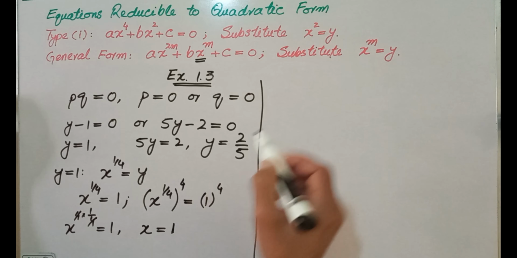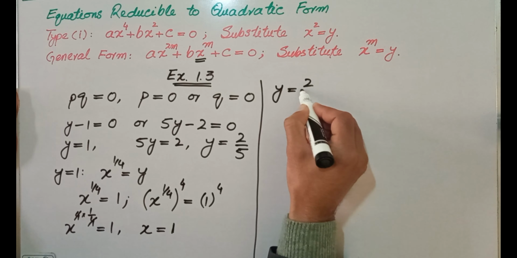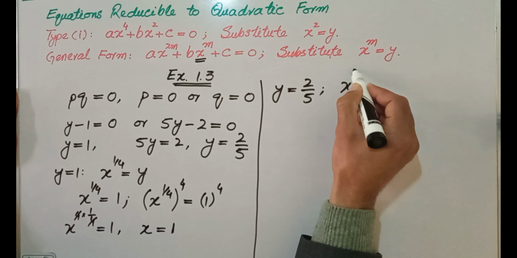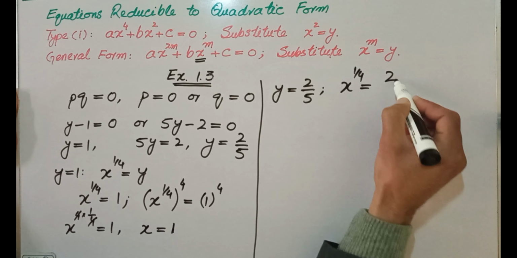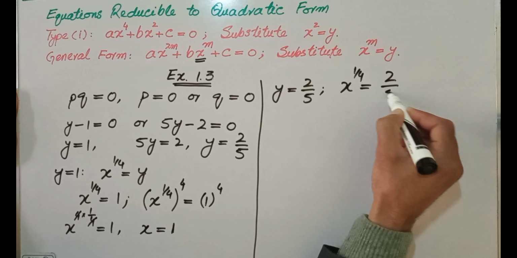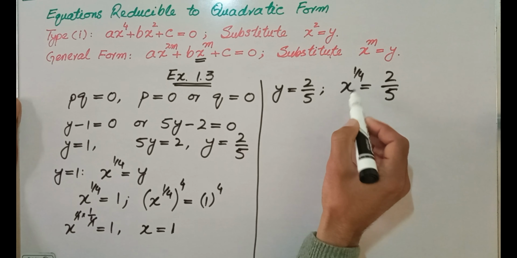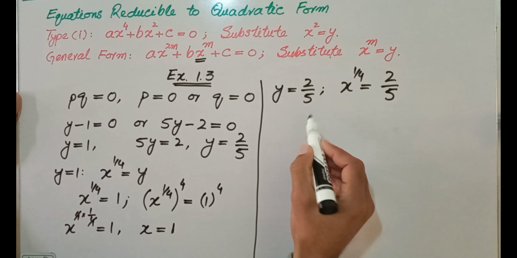In the case when y is equal to 2 by 5, x to the power 1 over 4 becomes 2 by 5. Again, to cancel 1 over 4, we'll take power 4 on both hand sides.